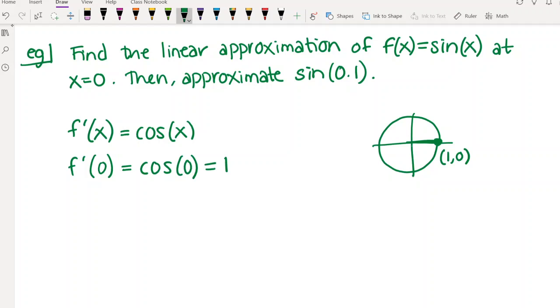And then to put together the equation, we need to know what is the y coordinate when x is 0. Well, what is sine of 0? Sine of 0 is just 0, right? Because if you take sine of 0, then you're looking at this y coordinate, which is 0. So sine of 0 is 0, and so that tells us that the point we're going through in this case is the point (0, 0).